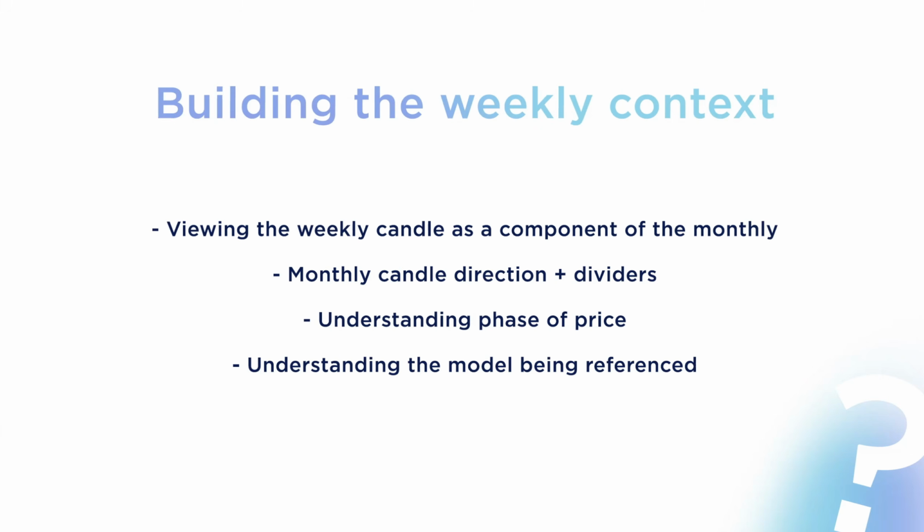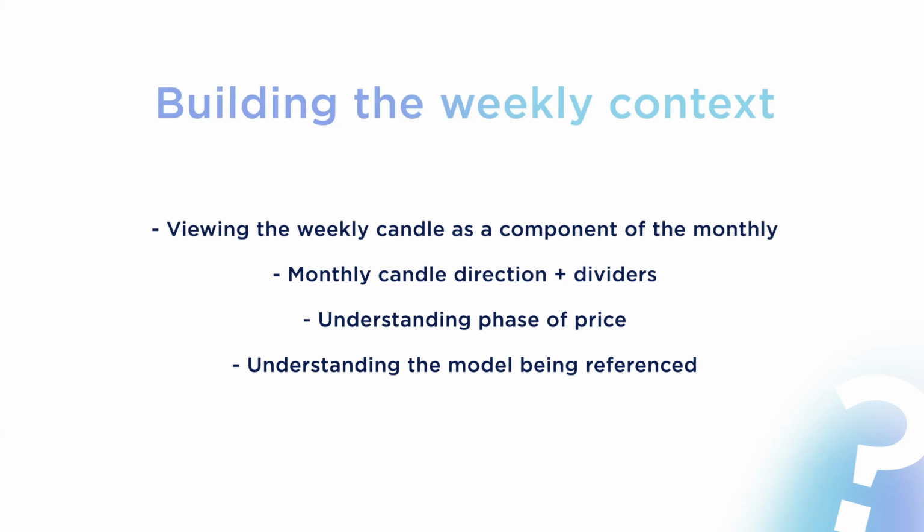Now, it's very important that we build the context around the weekly candle. So in order to do this, we must view the weekly candle as a component of the monthly candle, right? We understand a monthly candle consists of 4 weekly candles, and one weekly candle is simply 25% of that candle.